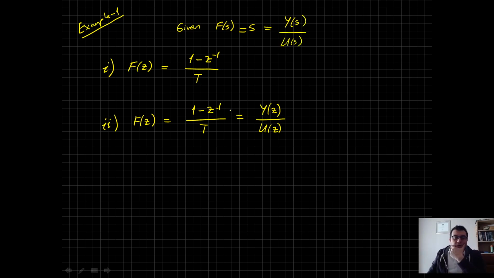Now, if we make some manipulation here, if we make the cross multiplication, what we have would be y of z times t should be equal to u of z minus u of z times z to the minus 1.